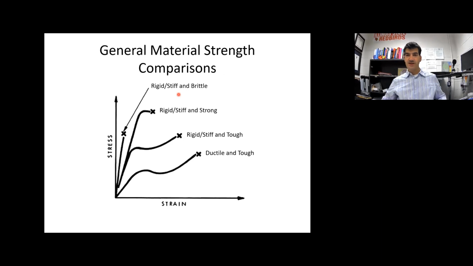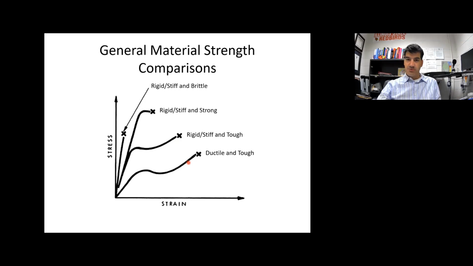So using the terms that we've described so far, we can look at these stress-strain curves. There are 4 of them, here and here and here and here, and we can talk about the characteristics of those materials. So if we took a specimen and did a tensile test and got this stress-strain curve, what could we say about that specimen?